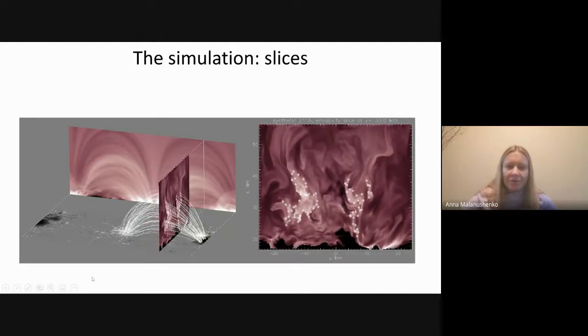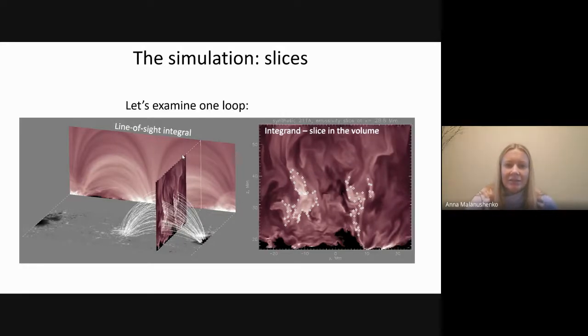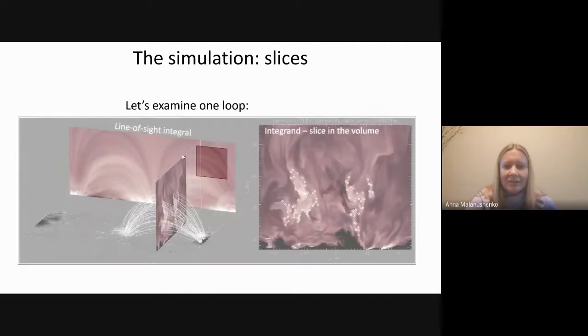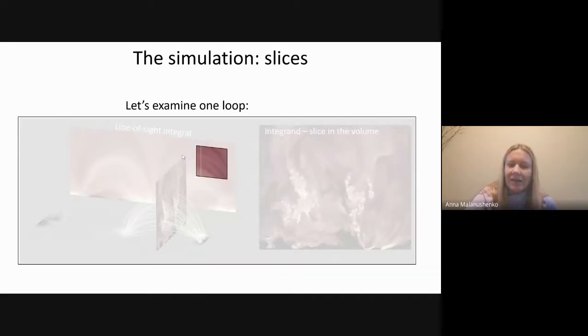The reason I wanted to pause it here is because there is a loop there, in the line of sight integral, that we can study that is relatively long and isolated, and we can try and identify the feature in the volume that brought this loop into existence.